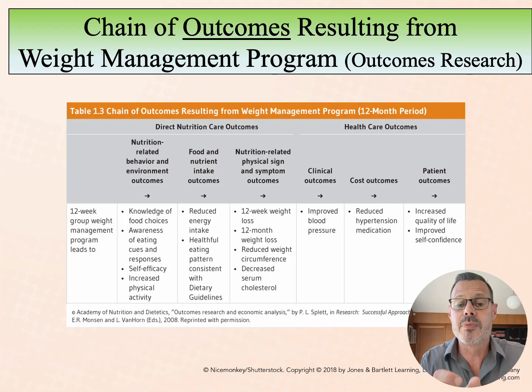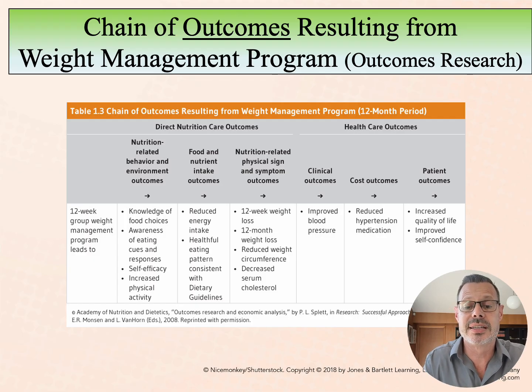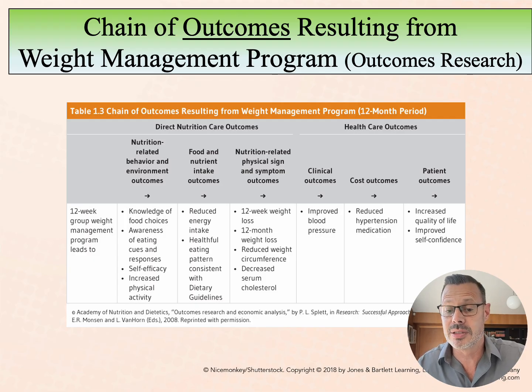Now we move from those environmental outcomes to food and nutrition intake outcomes. I know what I should be eating. I know my triggers. And as a result, I reduce my energy intake. I reduce my calories, right? I think about healthful eating patterns consistent with the dietary guidelines.